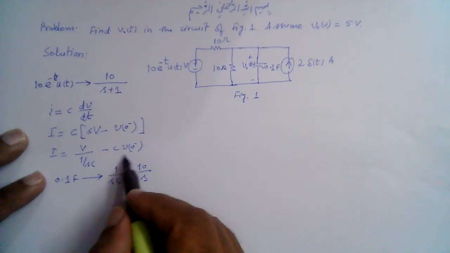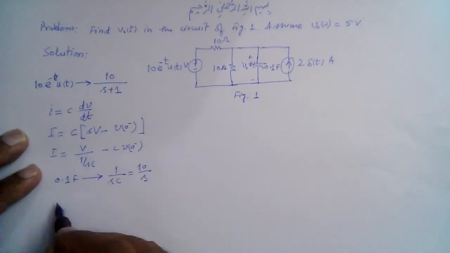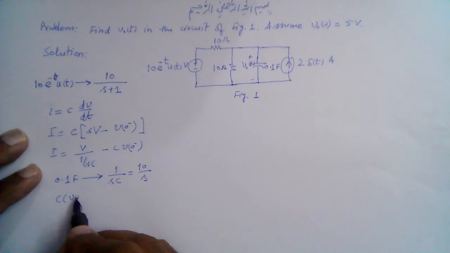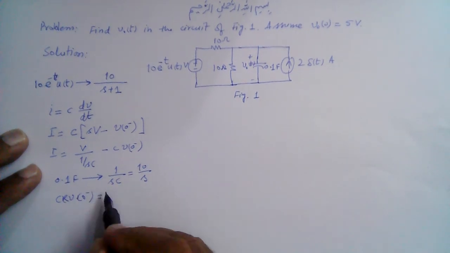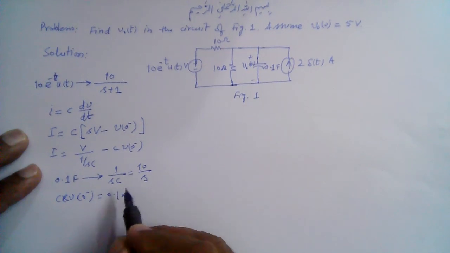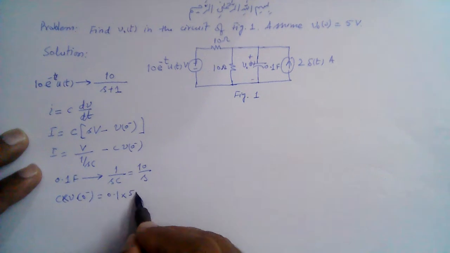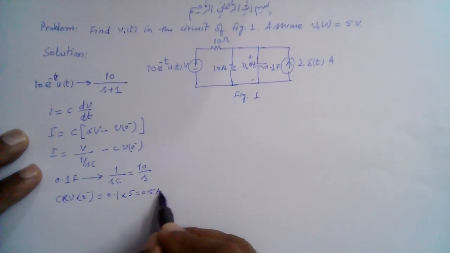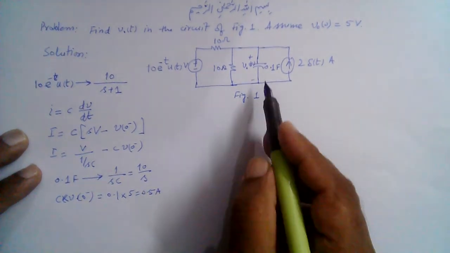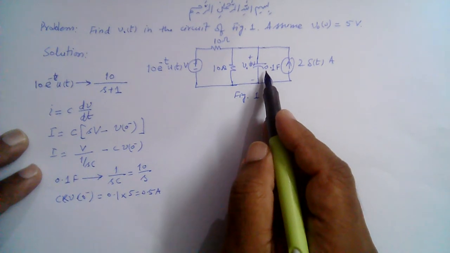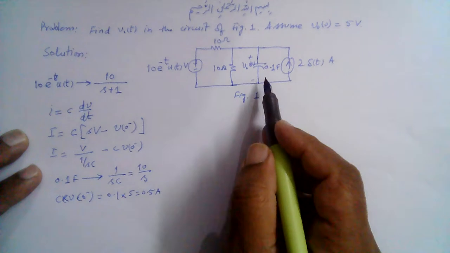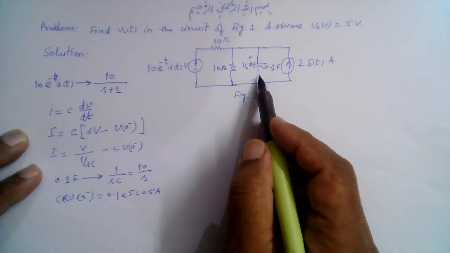So we'll use this source. So this C V0, C multiplied by V at 0 negative, C is 0.1, and V at time 0 is 5. So that is 0.5 amperes. This source is 0.5 amperes, which is in parallel with the capacitor. Otherwise, we could use a voltage source in series with the capacitor.